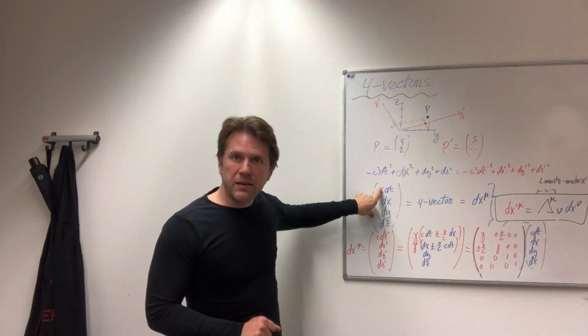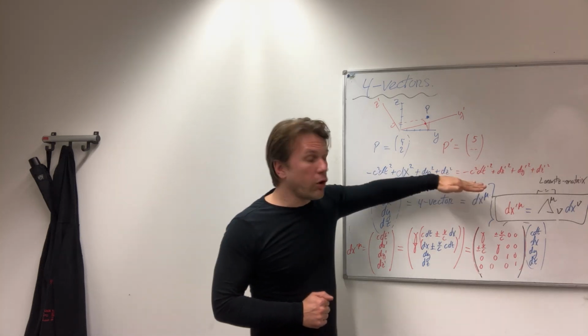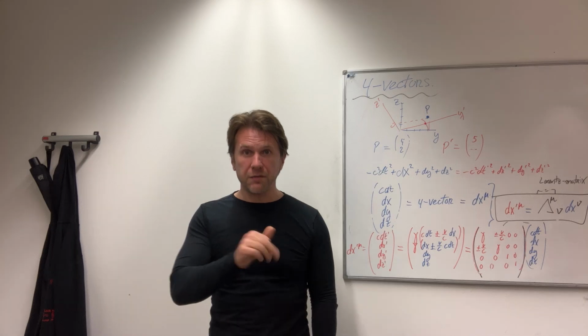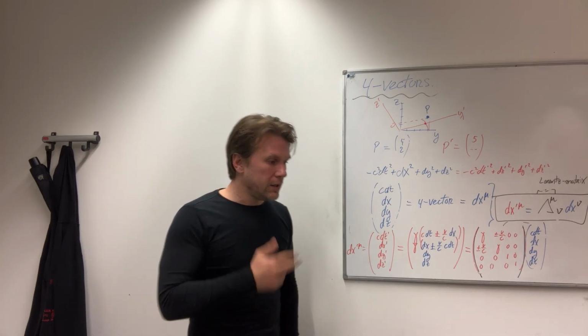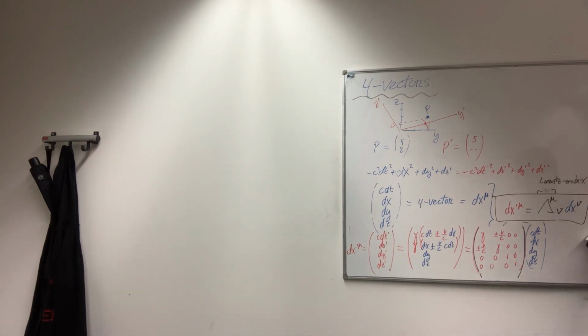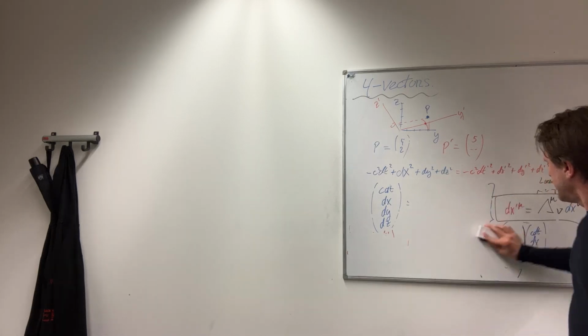The 4 vector would be different because now you've multiplied it with c to the 17, but this rule has stayed the same. And obeying that rule is enough to call it a 4 vector. So in this way you can play around, you can get other 4 vectors. So let's do an example, just for funsies.